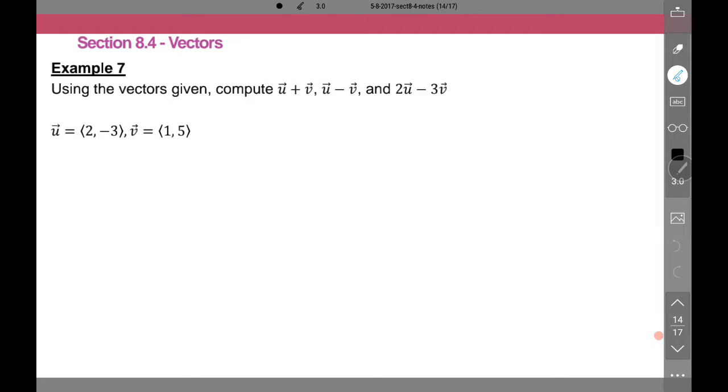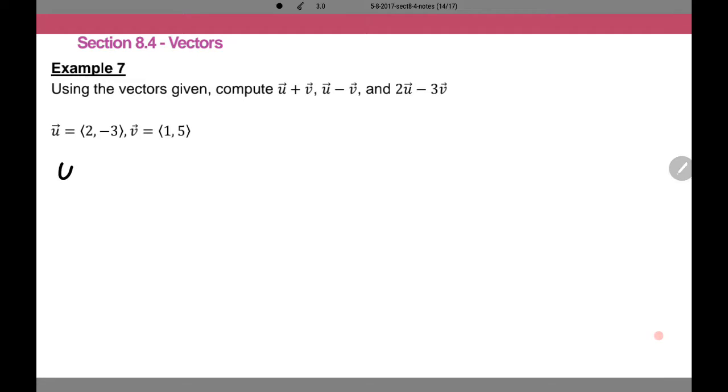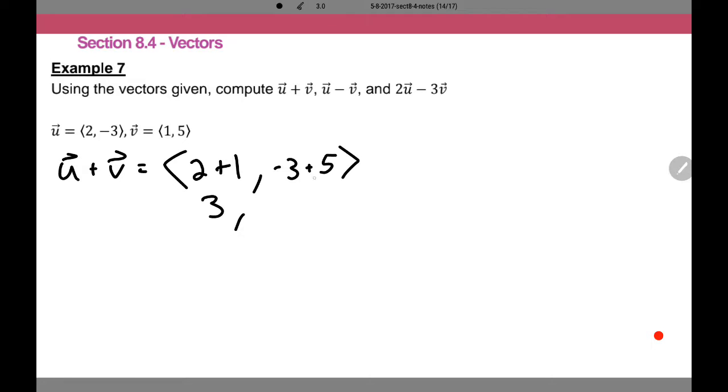So in this one, I'm going to calculate u plus v. So vector u plus vector v is actually just going to be x plus x, 2 plus 1, and then -3 plus 5. That gives me 3, and that gives me 2.